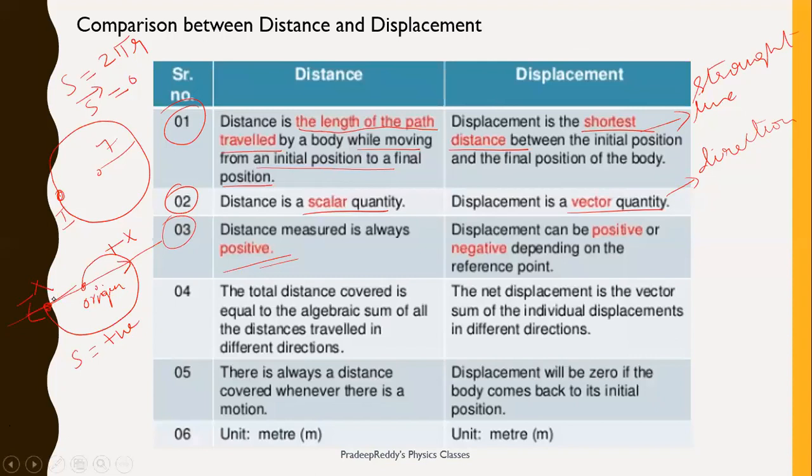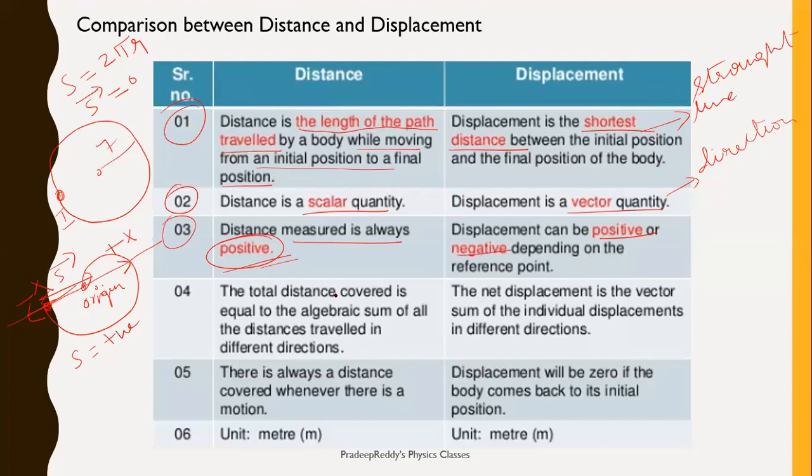In this case, distance traveled is positive, but displacement is negative because the length from here to here becomes displacement, right? Therefore, clearly you should understand that distance measured is always positive, whereas displacement can be positive, negative, or even 0.